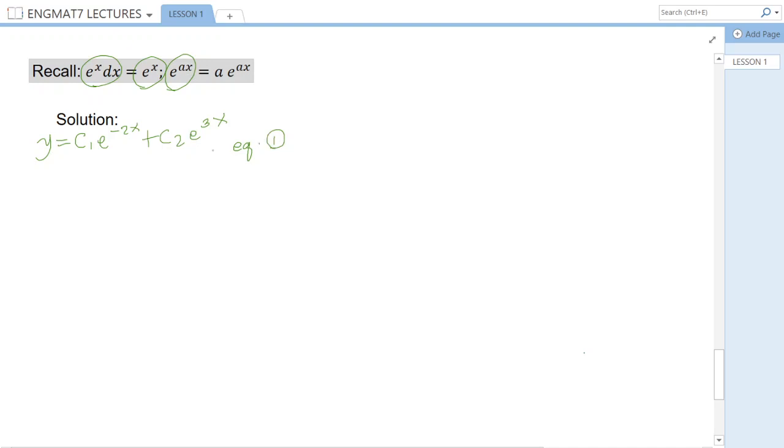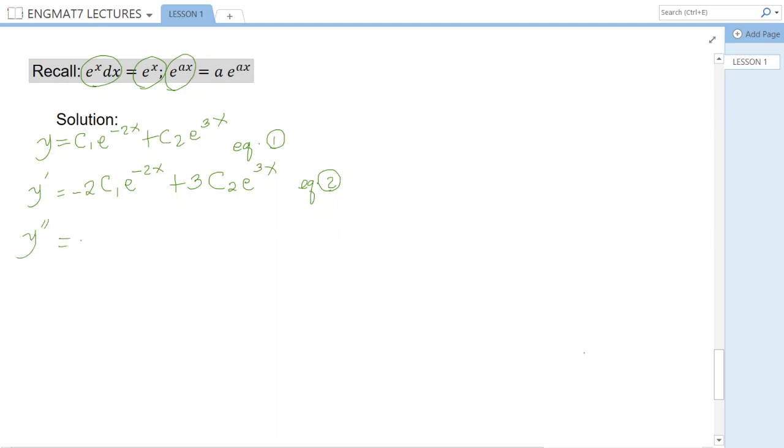Okay, getting the derivative once, y prime is equal to negative 2c1 e raised to negative 2x plus 3c2 e raised to 3x. That will be our equation number 2. Let us get the second derivative.